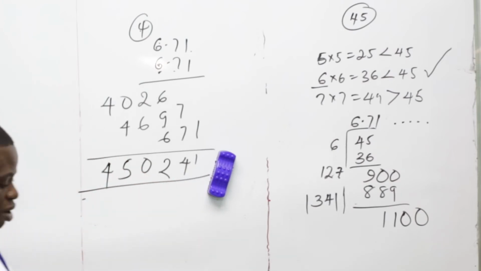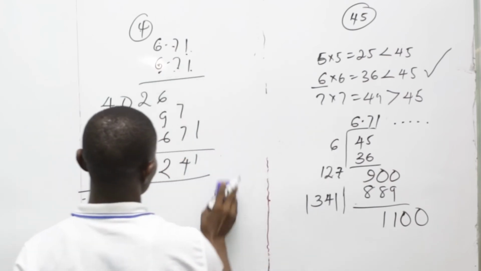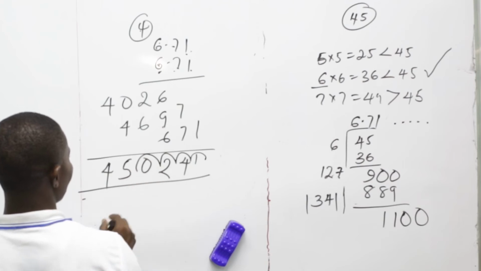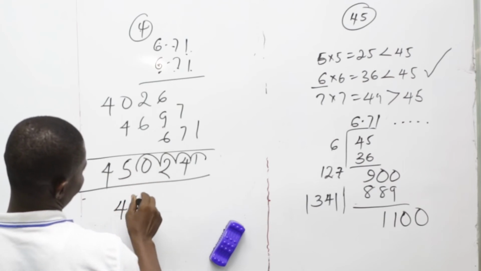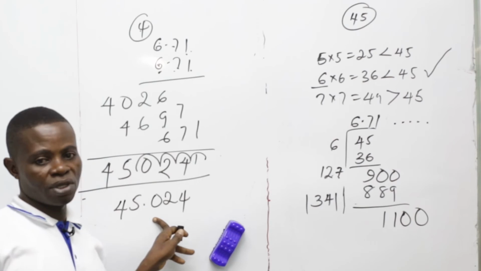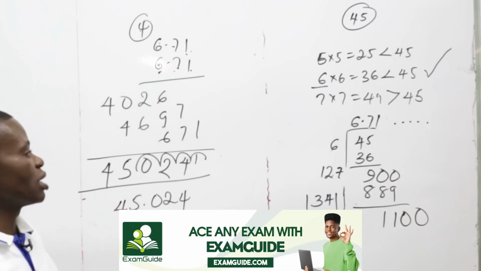Okay, now how many decimal places do we have? 1, 2, 3, 4. You now move. 1, 2, 3, 4. Mean 45.024. I now ask a question. Can 0 approximate? No is the answer.